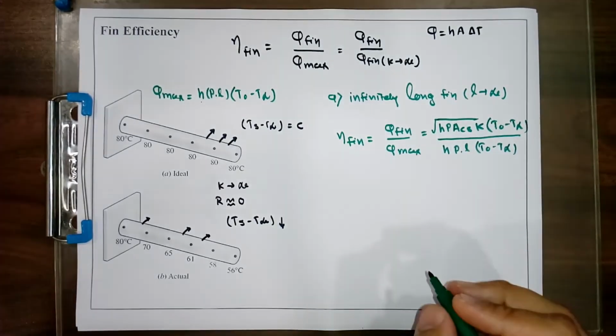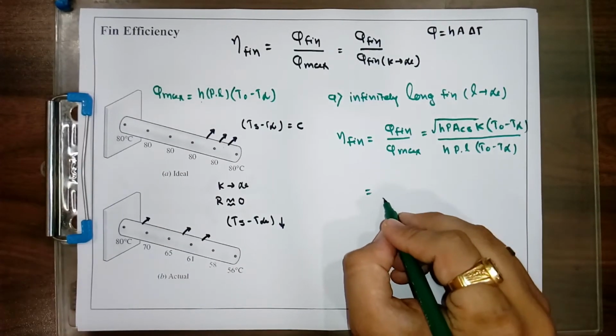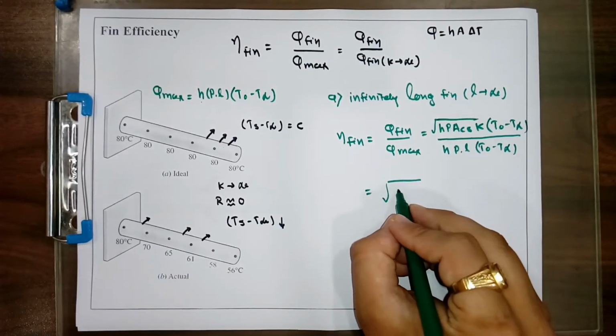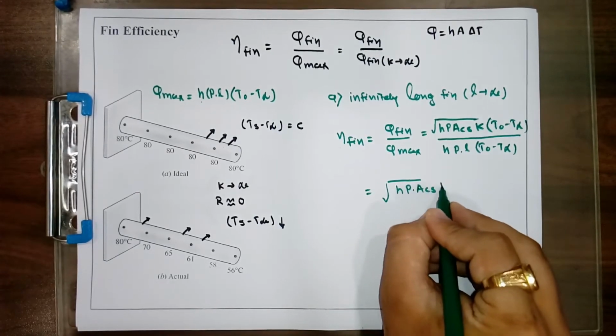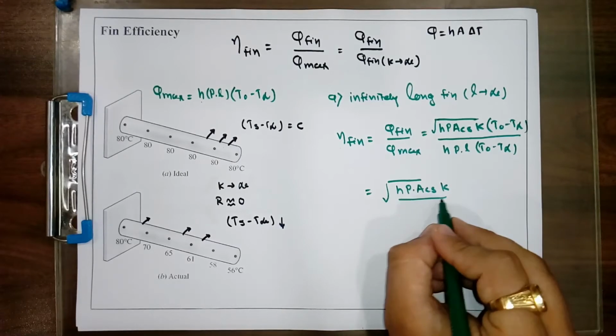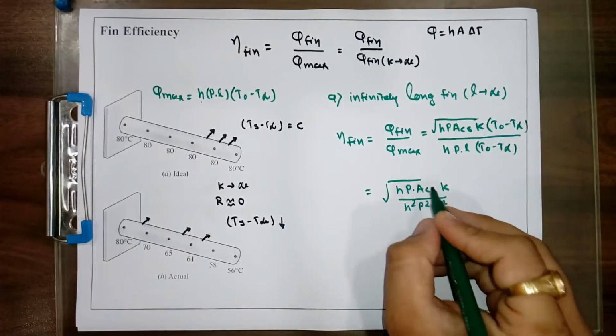So by simplification, we get the under root of h P A cs into k divided by h square P square L square.